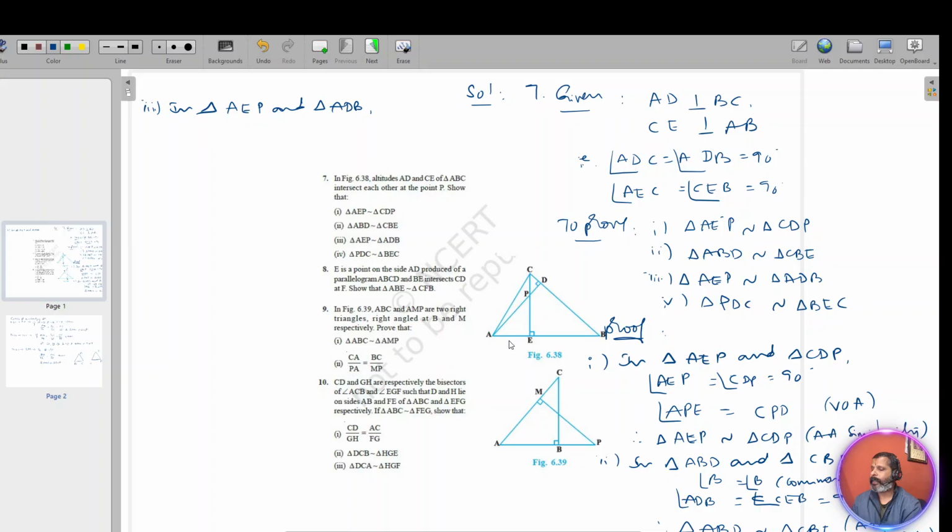A equal to A, common angle. How do we make out it's common? Just extract the figure. I'll draw, check out.